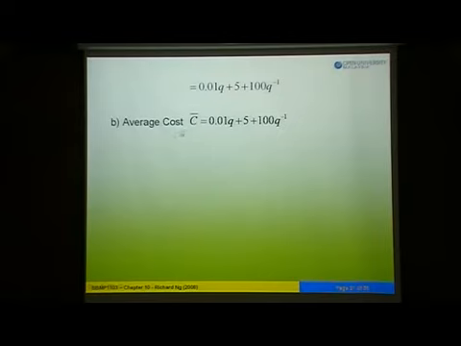Next, the second question is to find the minimum average cost. So remember, we have already found the average cost from part A, and here we need to find dC bar over dq, or the differentiation of the average cost with respect to quantity.